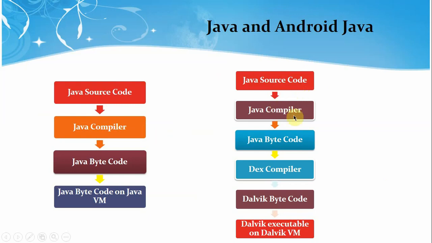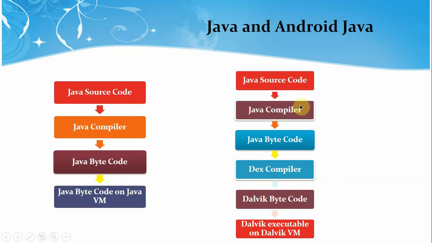So here you see Java source code. You compile it, you get Java bytecode. Very simple. Then comes the Dex compiler, the Dalvik executable compiler, which converts it into Dalvik bytecode. And then you run that bytecode on the Dalvik virtual machine. Please note the step, guys. This is a little bit more than regular Java. But you need not do this, the system will do it.